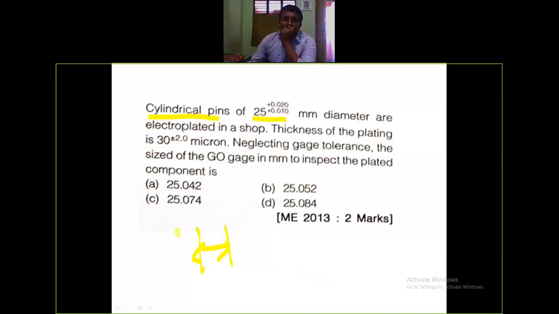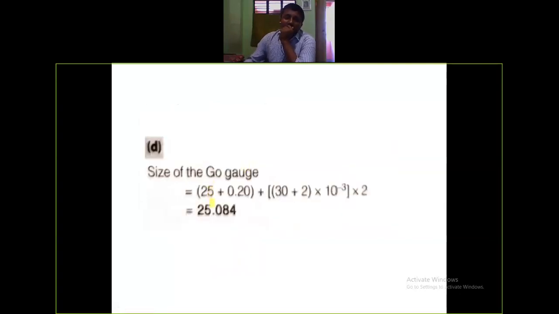If this pin is electroplated, it is a cylindrical pin, so it will be a radial thickness. Here it is electroplated, and similarly in this way it is electroplated. So if you calculate the size of the go gauge, meaning the maximum metal limit, the size is 25.020 plus 30 plus 2, the maximum electroplating thickness.